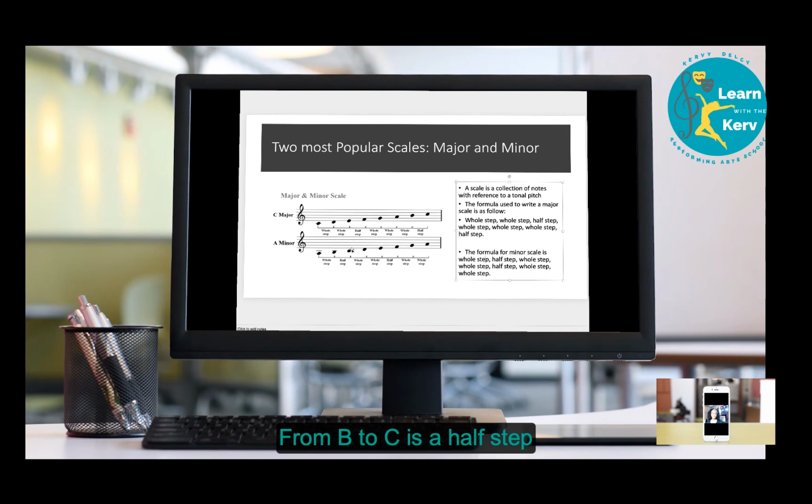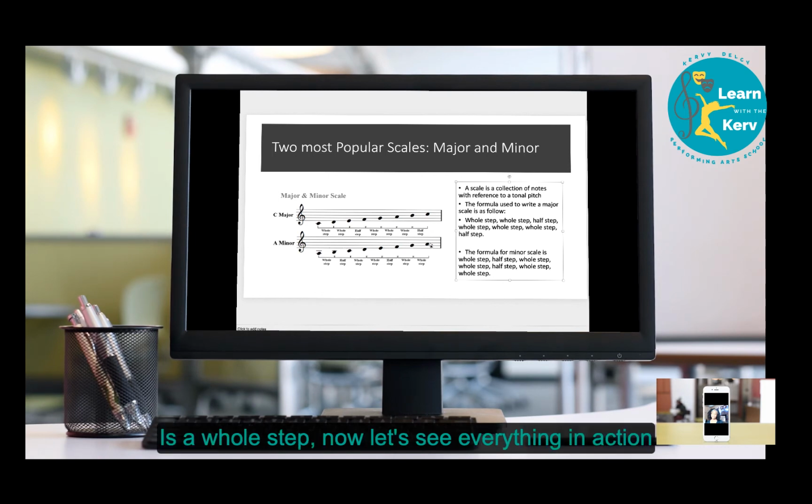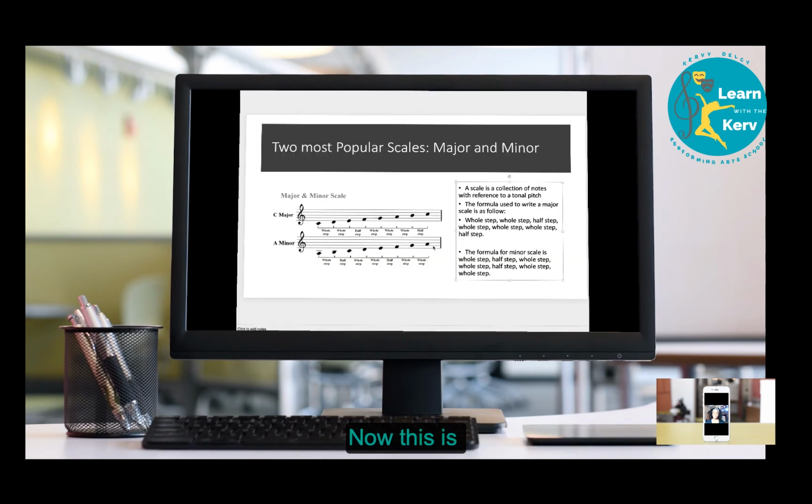From B to C is a half step. From C to D is a whole step. From D to E is a whole step. From E to F is a half step. From F to G is a whole step. From G to A is a whole step. Now let's see everything in action.